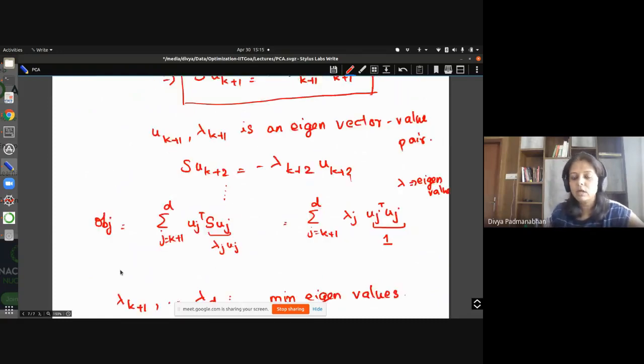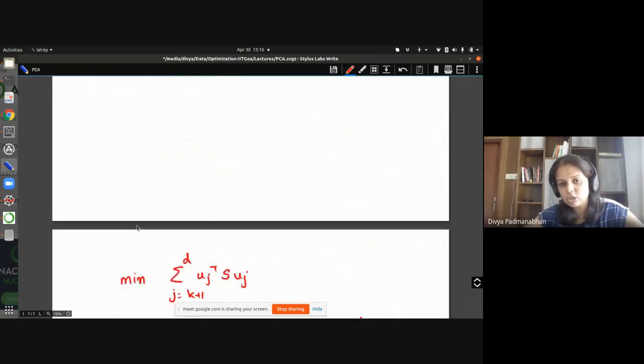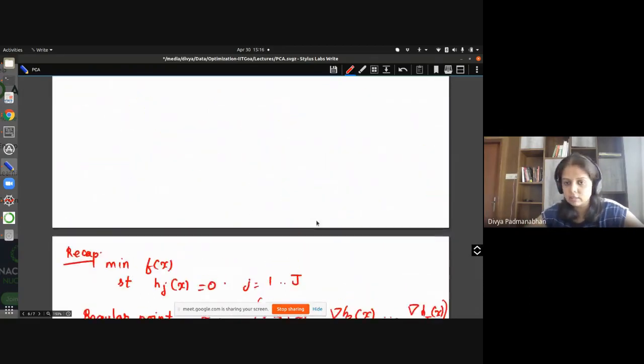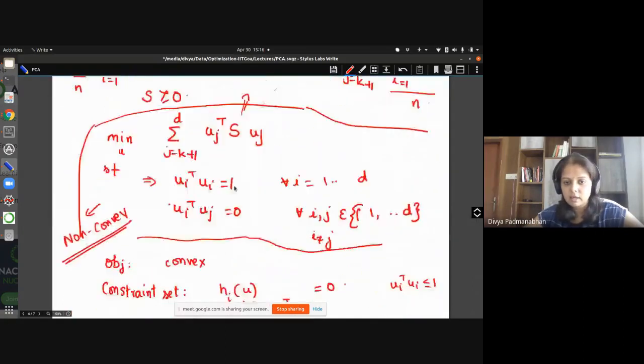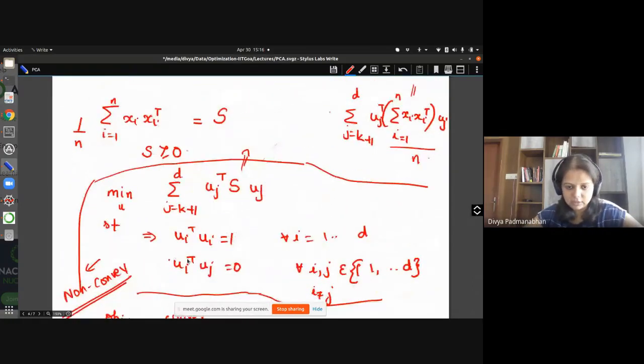Now, remember the original problem also needed us to find u_1 to u_k. So we ignored this constraint, u_i transpose u_j is 0, and you also have this 1 to k there.